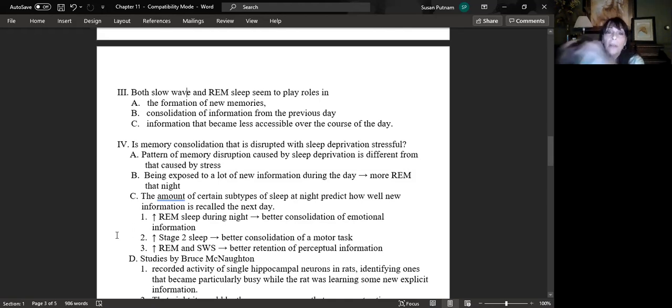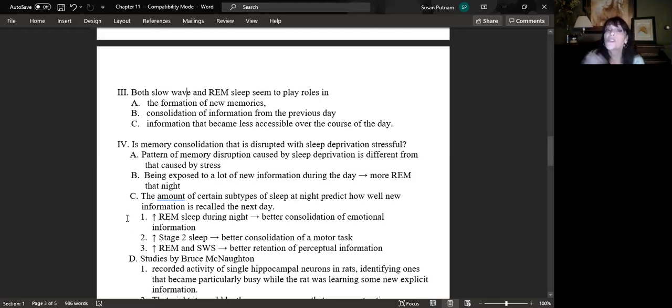Being exposed to a lot of new information during the day seems to be associated with more REM sleep that night. That kind of intuitively makes sense if everything that we've just gone through is true.